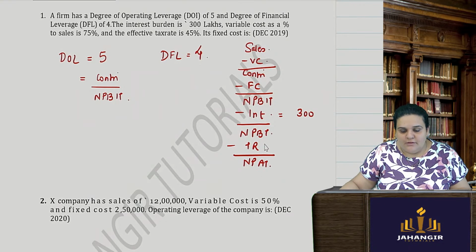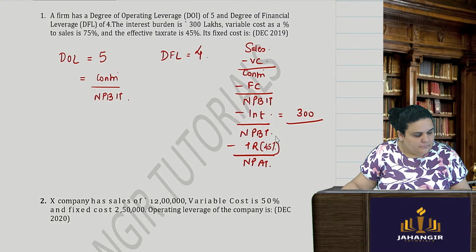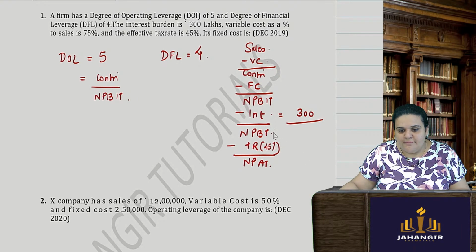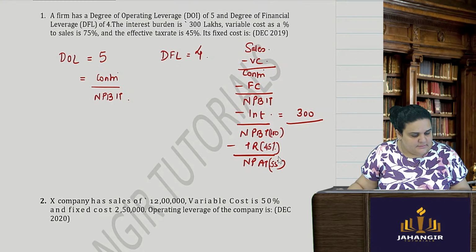Tax rate is 45%. Now, if tax rate is 45%, that means 100 minus 45, NPAT will be 55%. I'm just writing and keeping it, and I'm finding out the various other factors which we can fill in this.